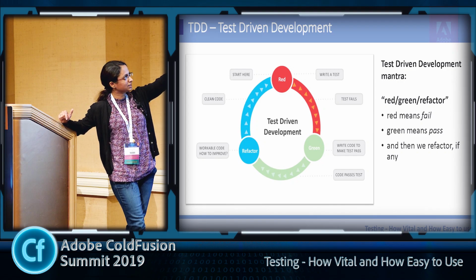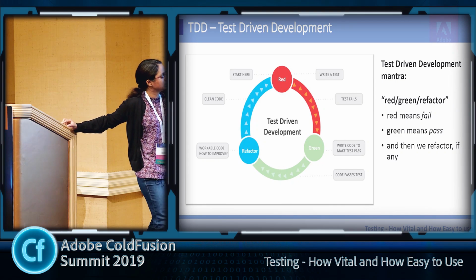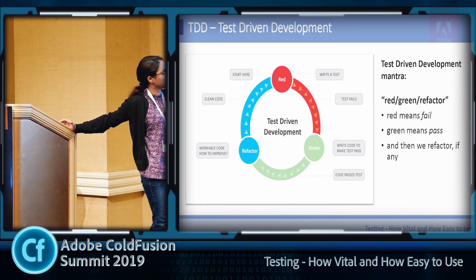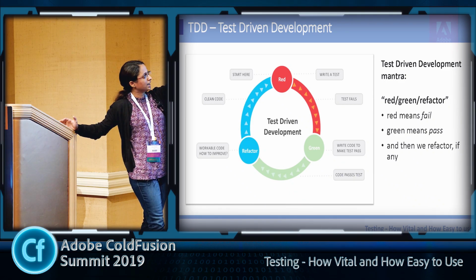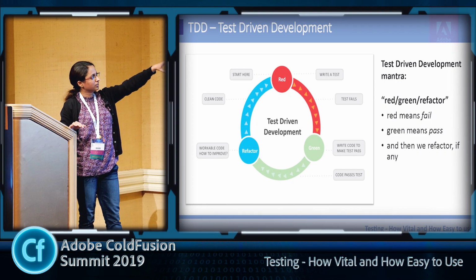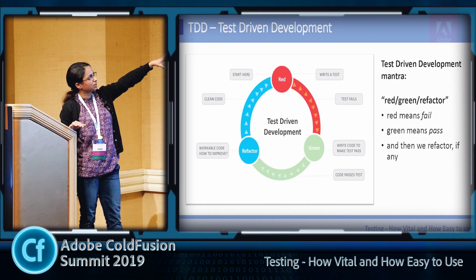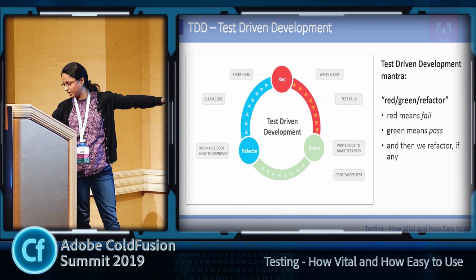And that cycle would repeat until our tests are passing. And once the tests are passing, we'll see if there are any opportunities to refactor the code. And if yes, we'll clean up the code, refactor the code, and then the entire cycle repeats. So that's the red-green-refactor. Red means tests are failing, green means tests are passing, and then we refactor. So that's the TDD way of it.